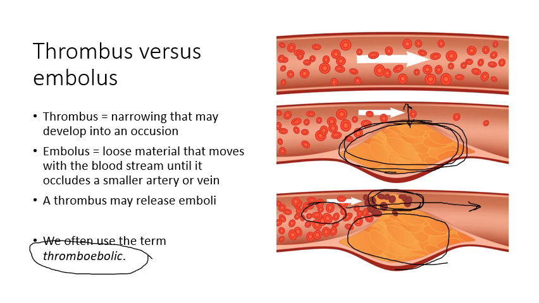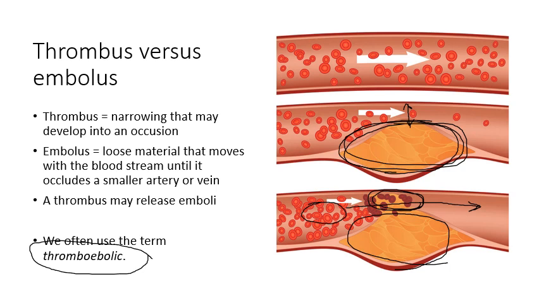So we usually use the term thromboembolic instead of dividing these two. An embolus in itself, so strictly embolus, will usually cause a hyperacute situation. So if it happens in the heart, you'll have a heart attack. If it happens in an artery to the brain, you'll have a stroke.